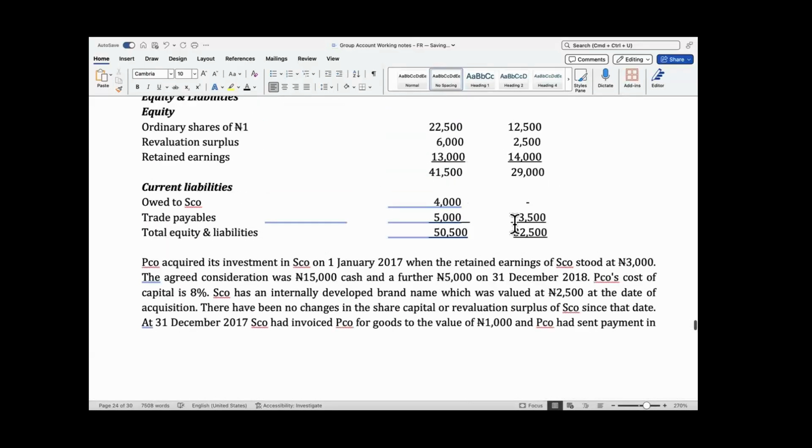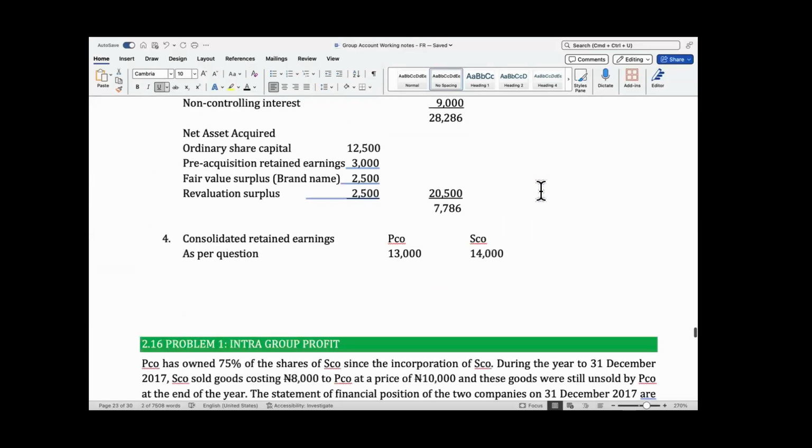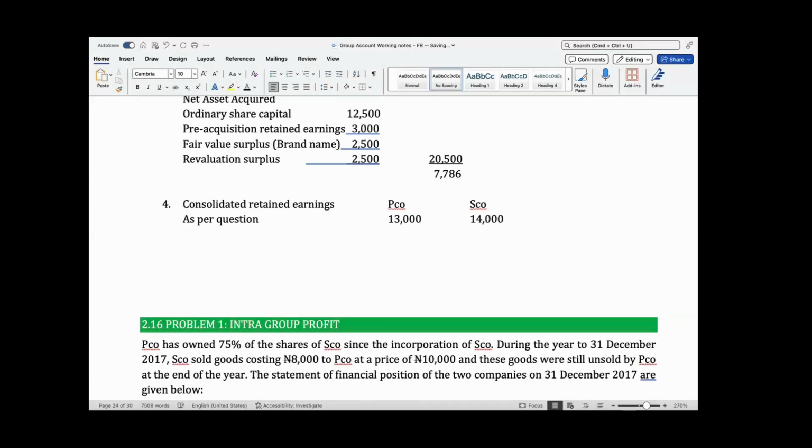We confirm. Then you deduct pre-acquisition retained earnings, which was 3,000.